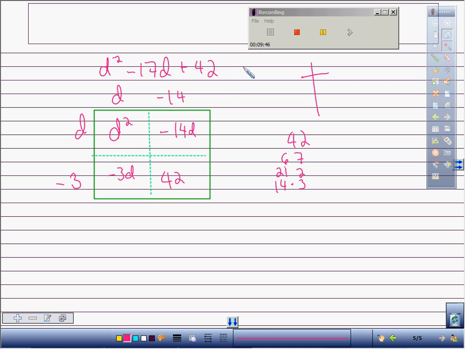So this thing, if I want to factor it, factors to d minus 14 times d minus 3. So that's how that factors.